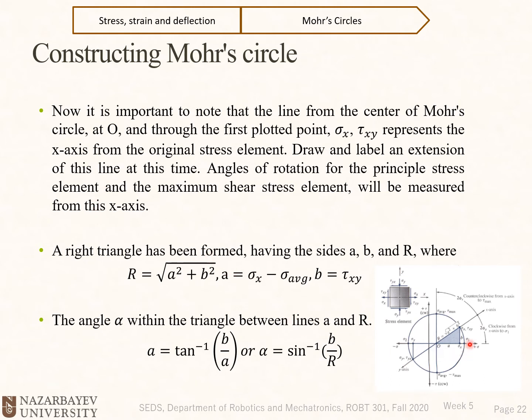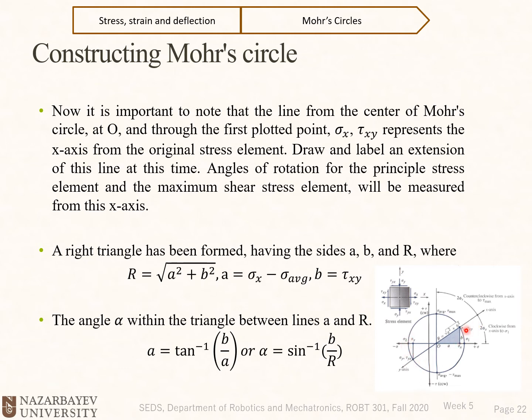So if we find these two angles, theta P and theta S, then we could see how much we need to rotate this element to have sigma 1 and sigma 2 stresses, or principal normal stresses.